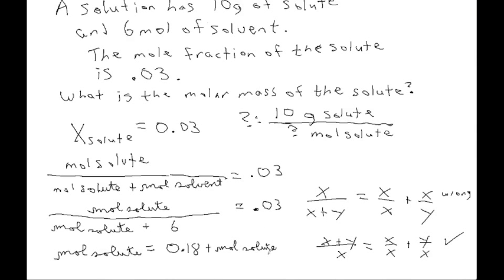Like this? Yeah. Okay, I don't think that cross multiplication came out right. Let's do that more carefully. If we're going to cross multiply, on the left-hand side, we'd have 1 times moles of solute. And on the right-hand side, we'd have 0.03 times moles of solute plus 6.